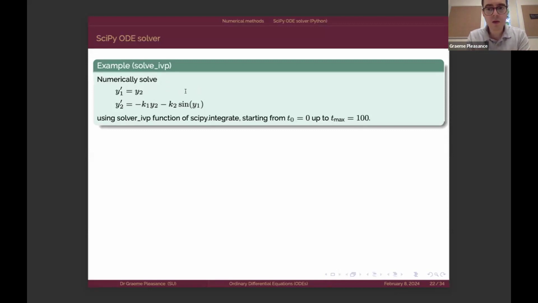These ODEs are coupled in the sense that the first derivative of y1 depends on y2, and correspondingly the first derivative of y2 depends on y1. In this example, we're looking to use this same function to solve this system of ODEs starting from t0, so this is our initial condition, up to some maximum value t max.